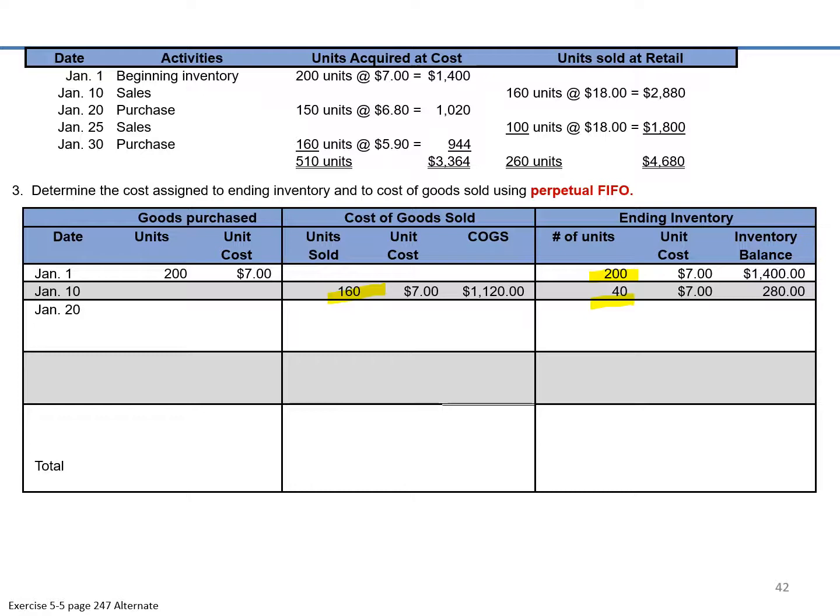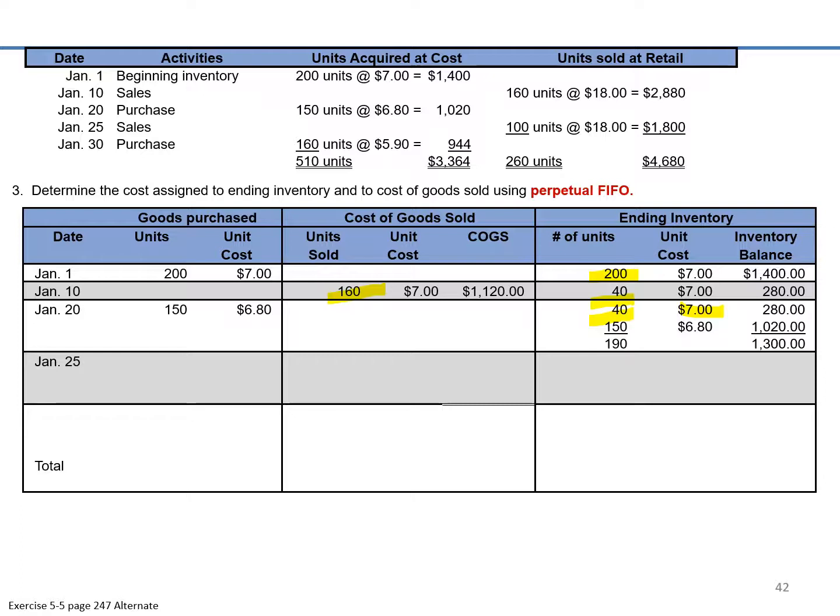Then on January 20th, I purchased 150 units at $6.80. So I've got my 40 at $7 still in my ending inventory. I'm going to add to it 150 at $6.80 for $1,020. So I have total ending inventory of 190 units, and a total ending inventory cost of $1,300.